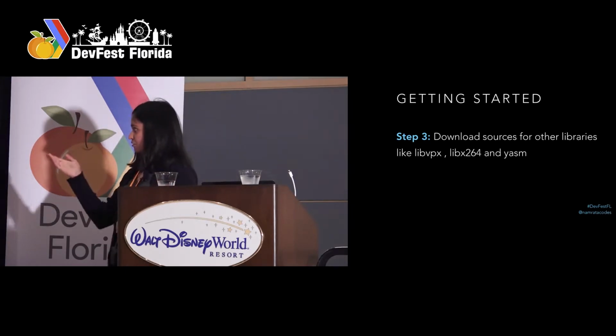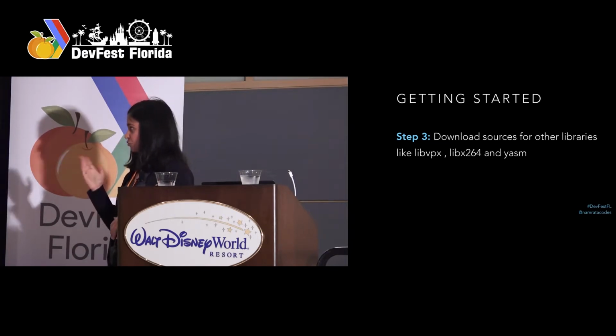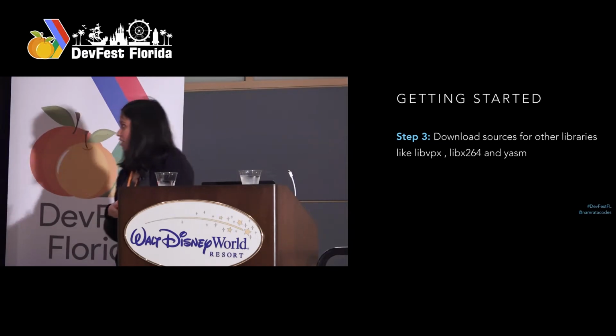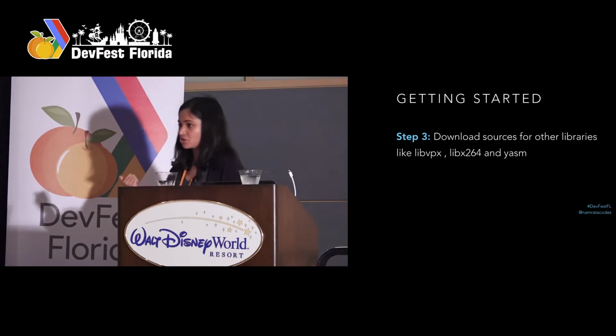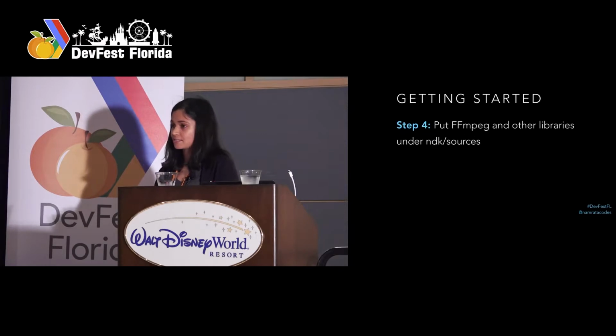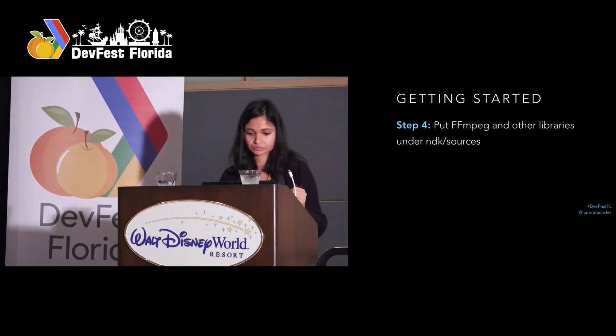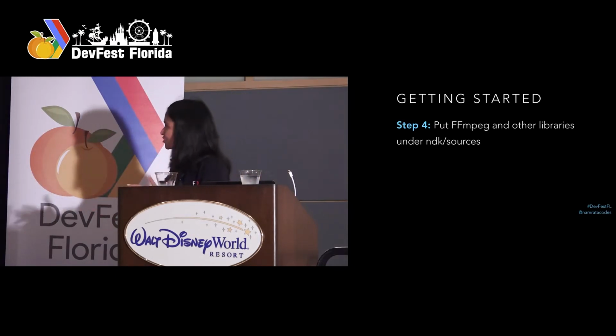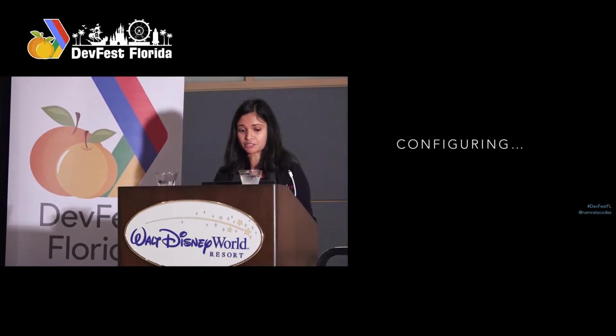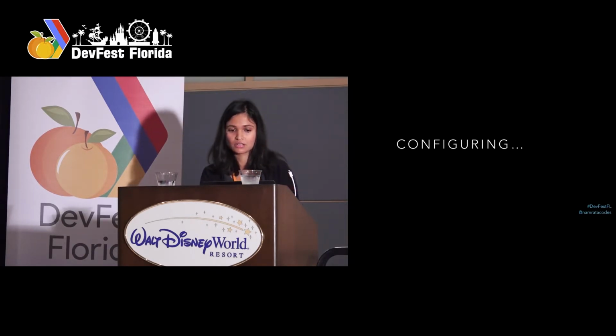So some of these libraries are libvpx and libx264. I also had to download the YASM library, which is an assembler for the x86 architecture. And the last step was to put all of these source code files, libraries that you had downloaded under the sources folder in your NDK directory.